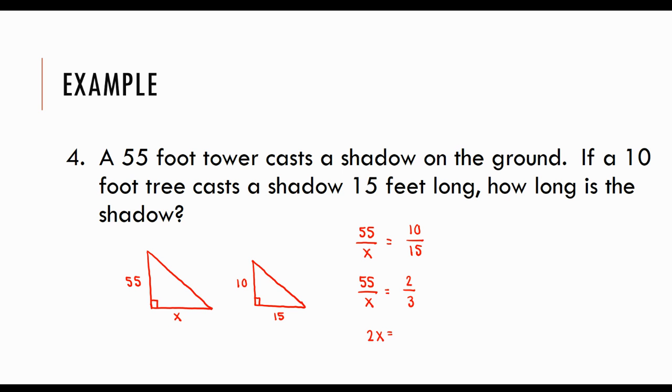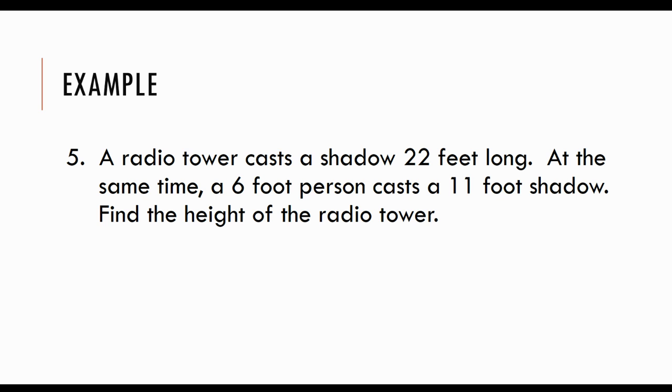If I cross multiply, we'll have 2x to equal 55 times 3, which is 165. And then I'll divide both sides by 2, and that is going to give me the shadow to be 82.5 feet. And there's my answer.